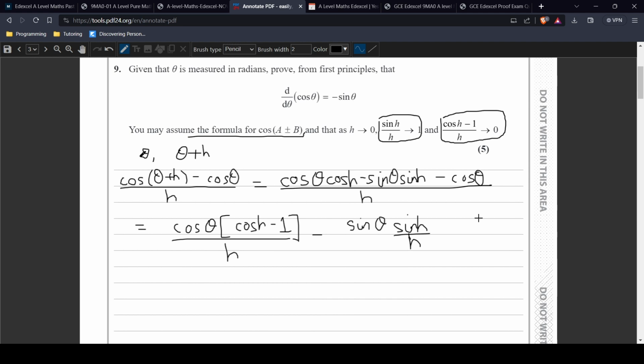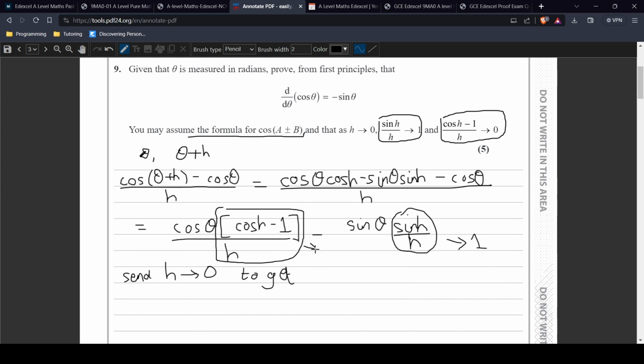Okay, so that's our expression, and now to actually take the derivative we need to send h to 0. So send h to 0 to get, well, what do we get? Sending h to 0, this we're told goes to 1, and this thing here, cos of h minus 1 all over h, well, that goes to 0.